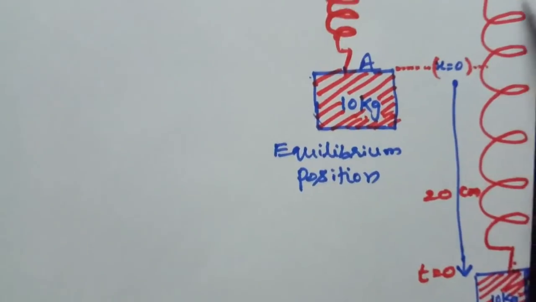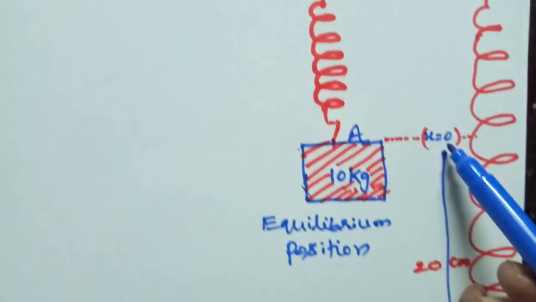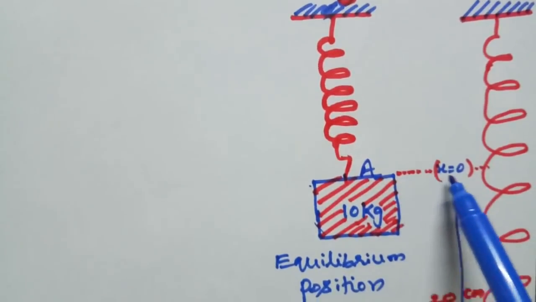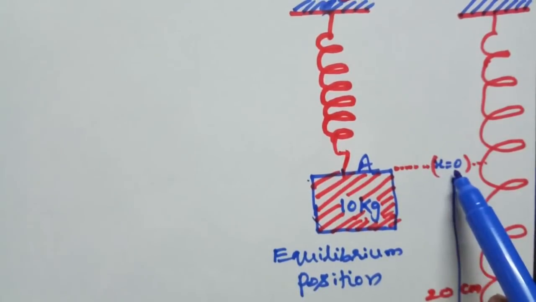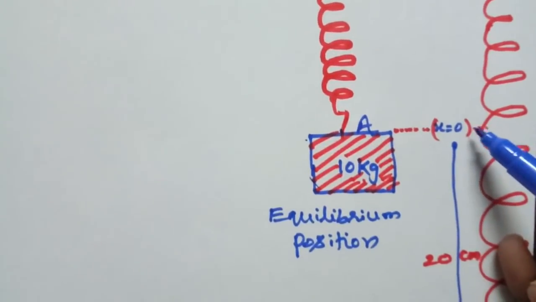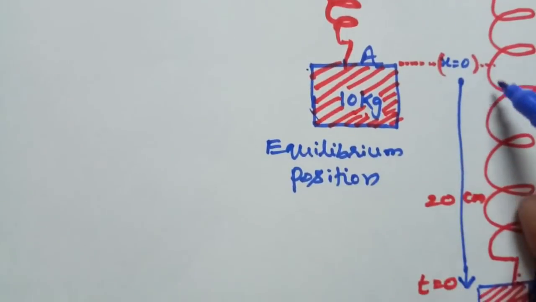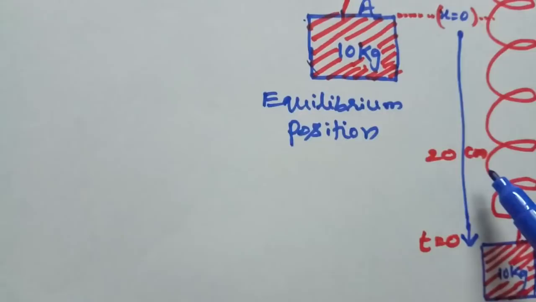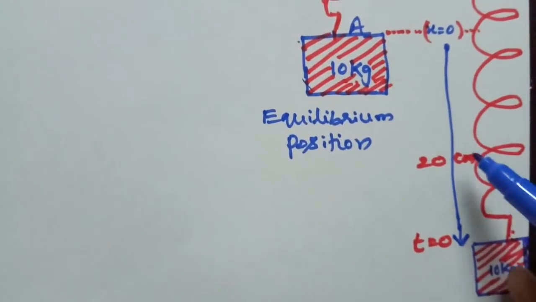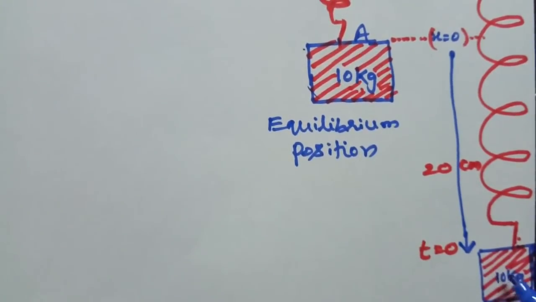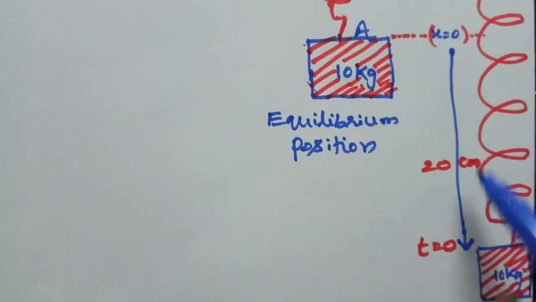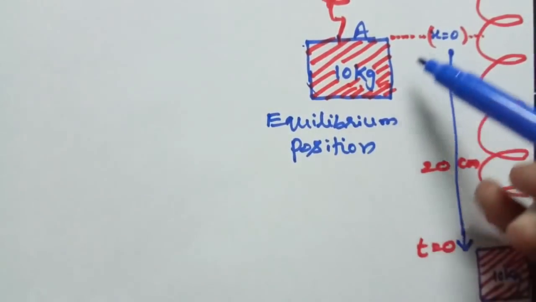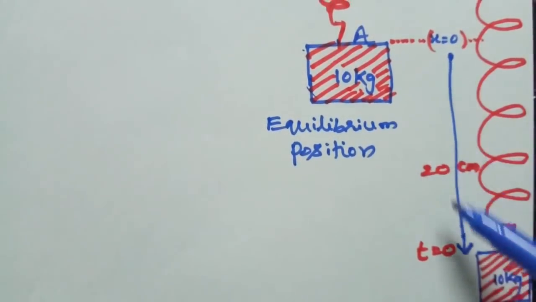Now, at equilibrium position, we take x equal to 0. Below the equilibrium position, this is pulled down to 20 centimeters. So the 10 kg weight body is pulled down to 20 centimeters from the equilibrium position.